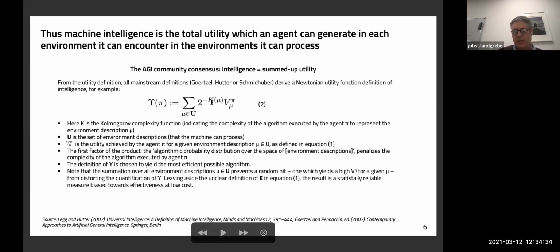And so here you see this utility again, and now there is a Kolmogorov complexity function multiplied with it, which just penalizes the utility term by the complexity of the environment description. So mu is not really the environment, but it's the way the environment is expressed as a binary vector.